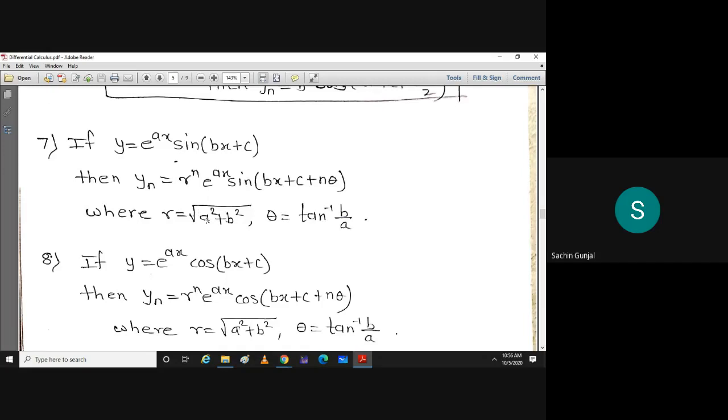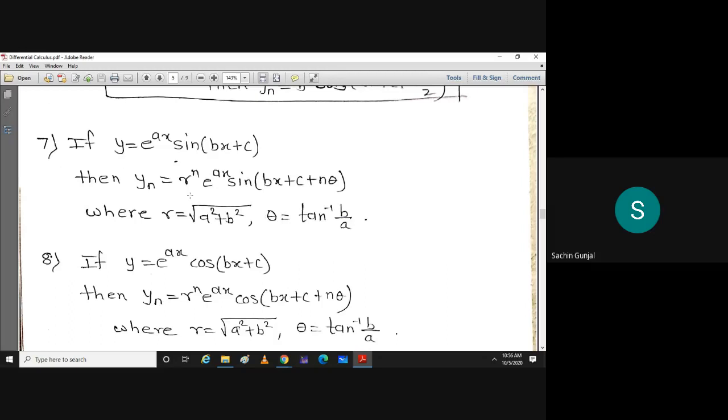Where r is under root a square plus b square, where a is the coefficient of x in e raised to x, b is the coefficient of x in sine of bx plus c, and theta is tan inverse b by a. If you want the proof of this, I'll post it on our group, but right now the proof is not required for us.